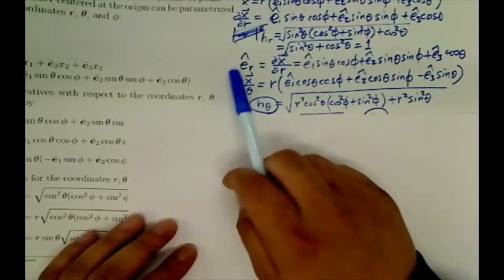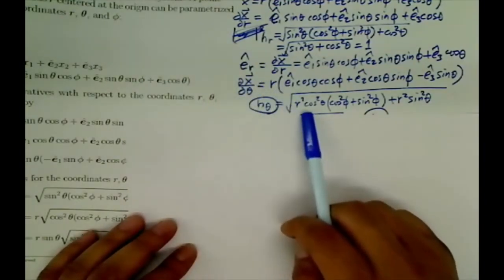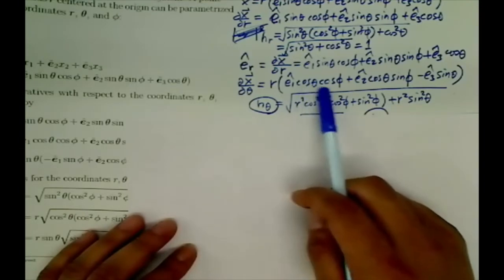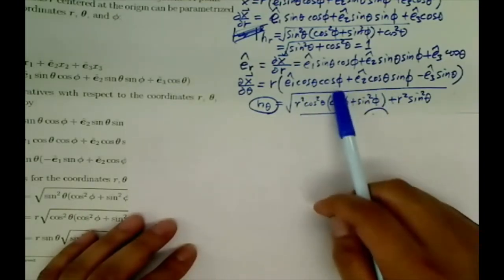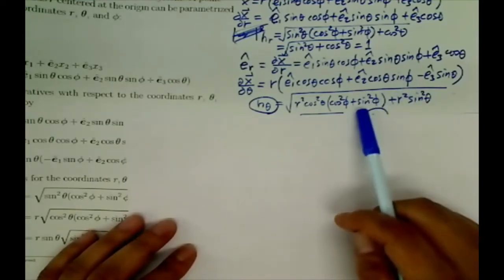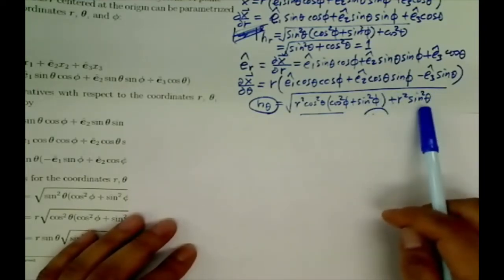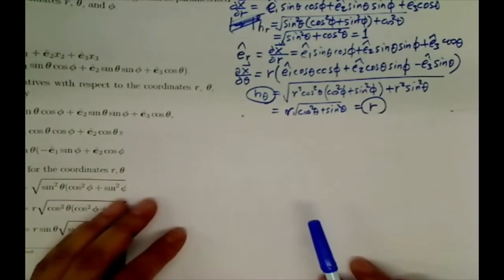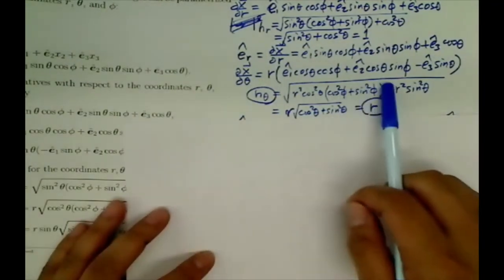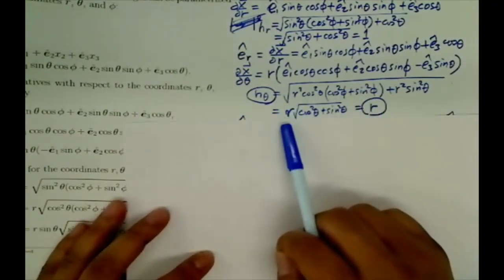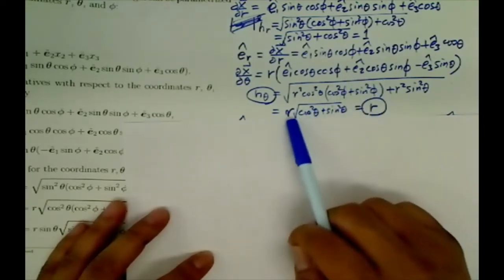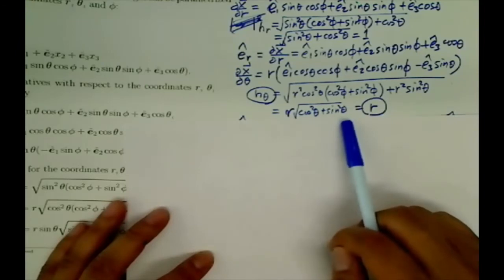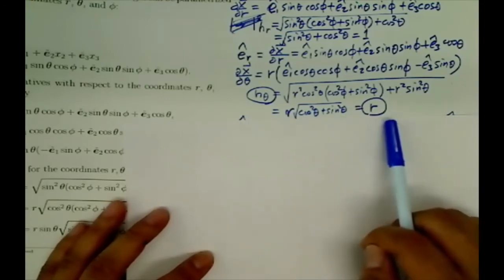For the square of this vector, we have r squared, with cosine squared theta times the parenthesis of cosine squared phi plus sine squared phi, and then sine squared theta. The factor r squared is common, the phi part is 1, and the cosine squared and sine squared summation gives 1, so we have r.